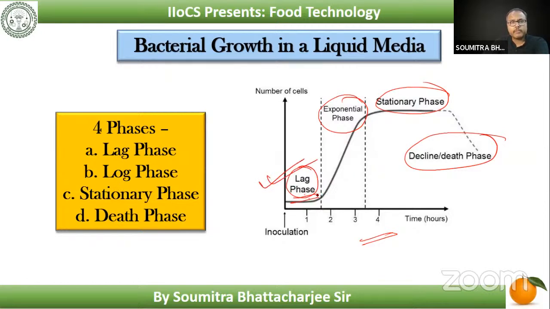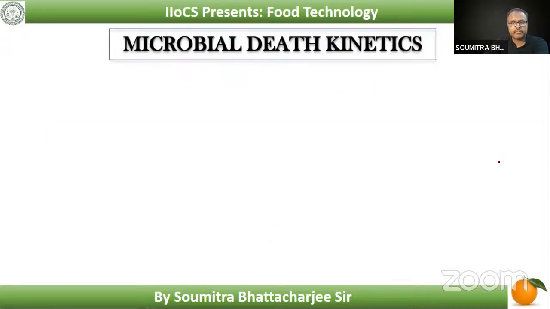After that, when the microbe shows an accelerated mode of division, it is the exponential phase. Then the microbe reaches the stationary or equilibrium phase, and gradually after that it comes down to the declining or death phase.